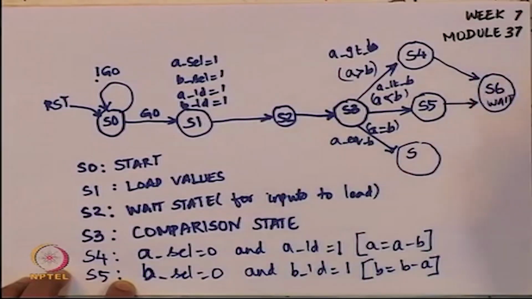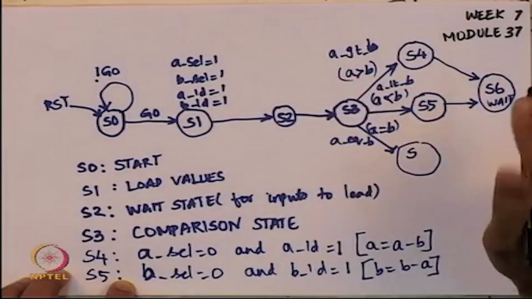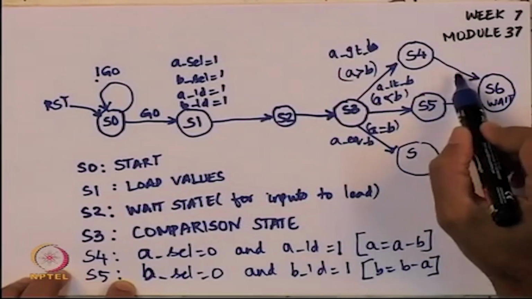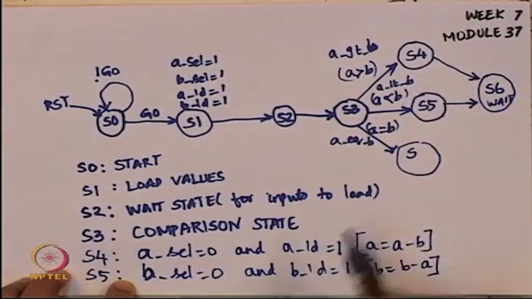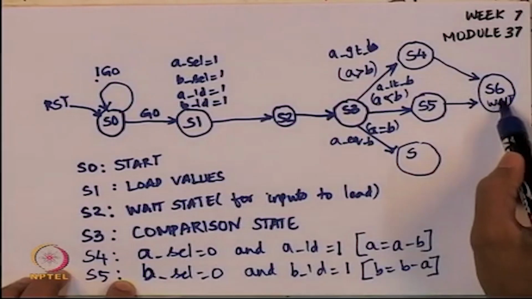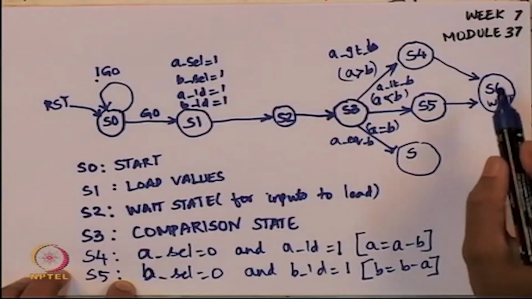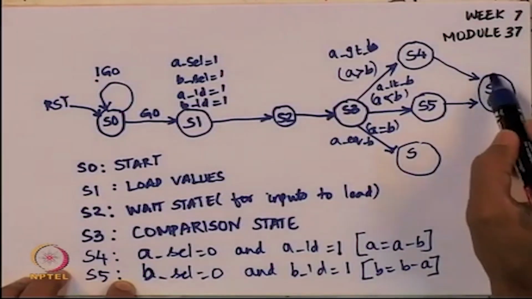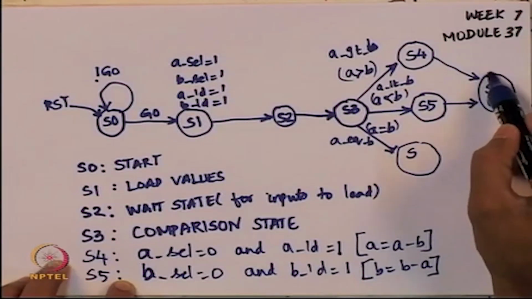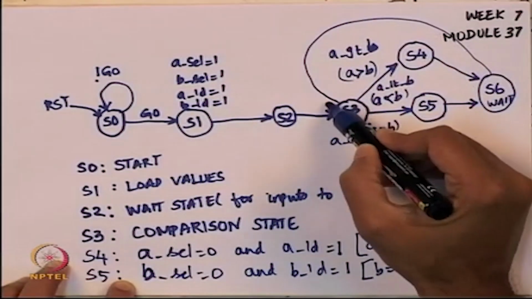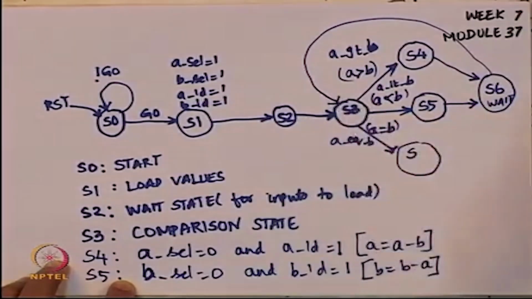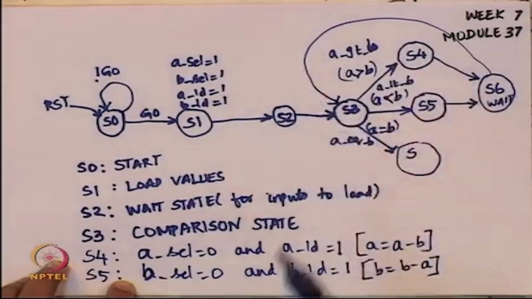A should get A minus B or B should get B minus A. Once I turn on load equal to 1, only in the next cycle it will be available as output from the corresponding registers A or B. Once it is available, I am ready to compare them once more. So, that is what this state machine is supposed to do.